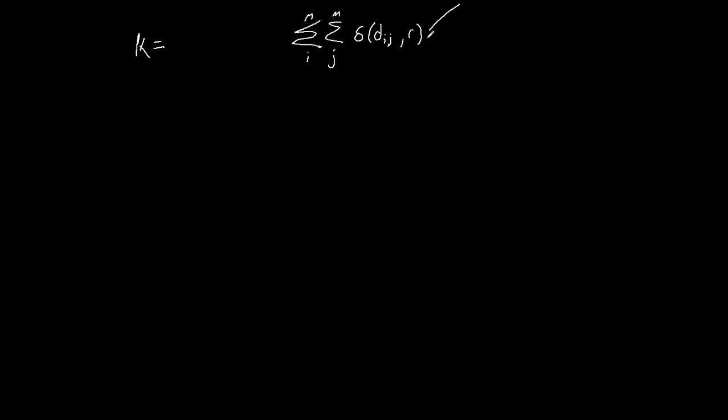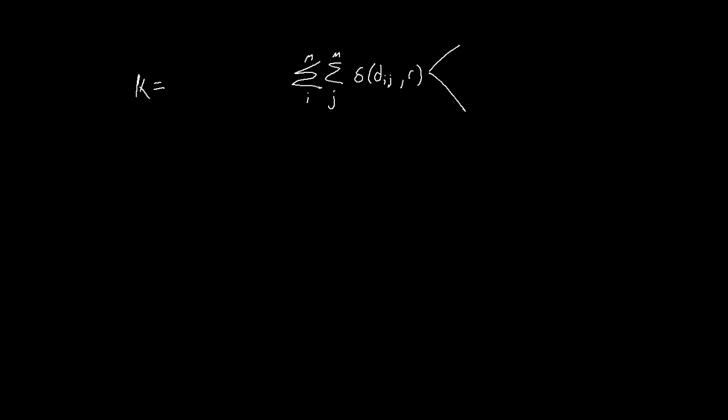Just to make sure that we understand what this is doing, let me move up just a little bit. This is saying that if dij, the distance between the ith point and the jth point, is less than r, it's supposed to be an r, not a p, then this is going to be 1.